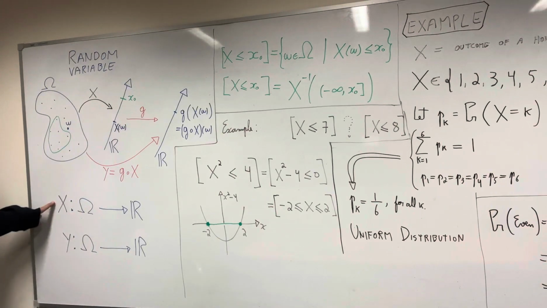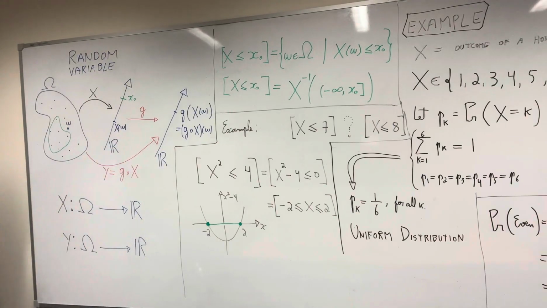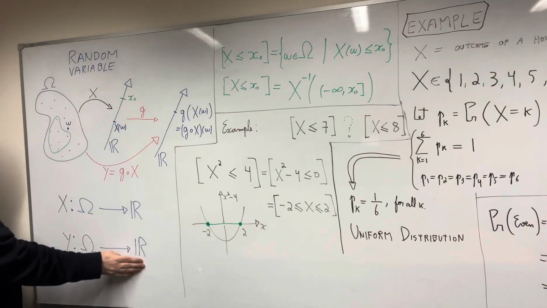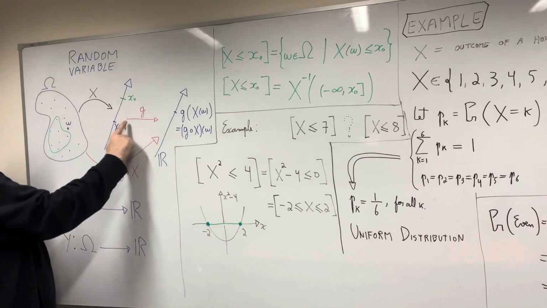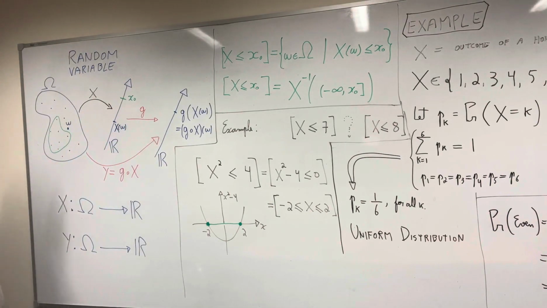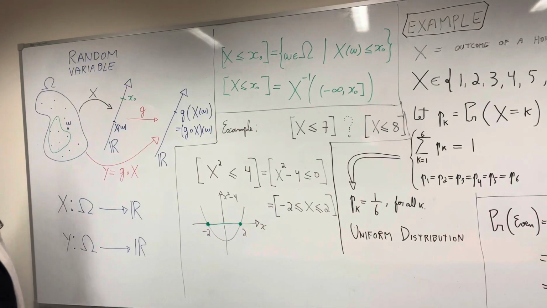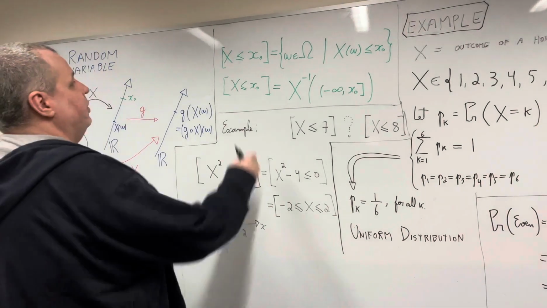Okay, so it's a function mapping points of my sample space omega to real numbers, and this Y here is also going to be another random variable mapping points from the sample space to real numbers this way. First you apply X and then you apply this g function to get this random variable Y.